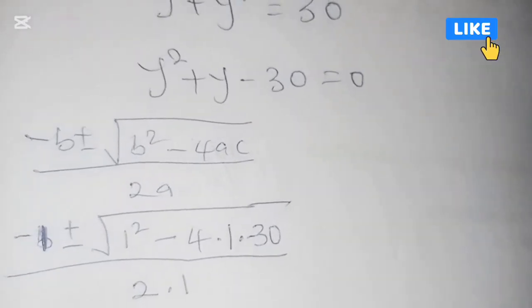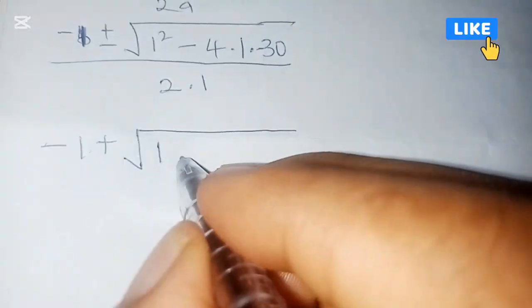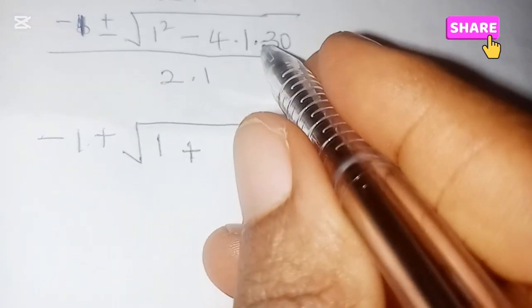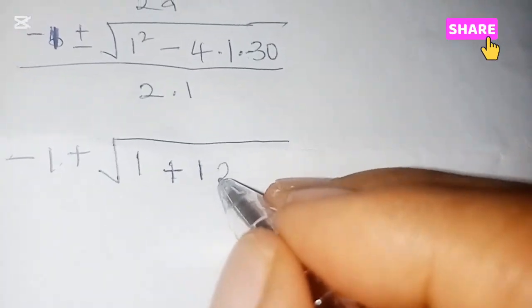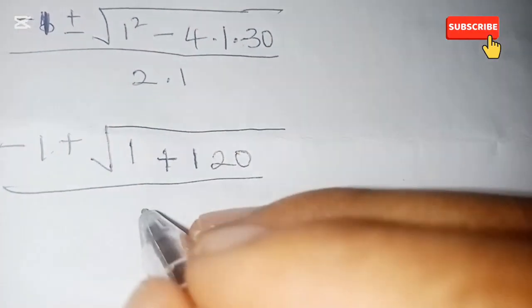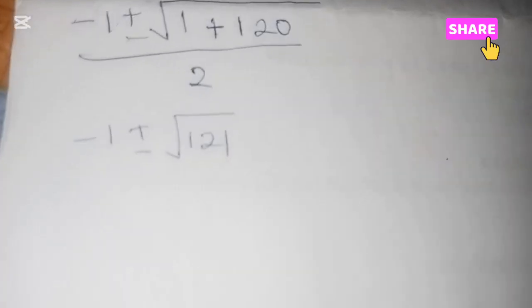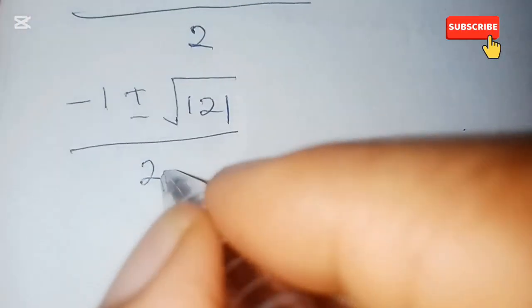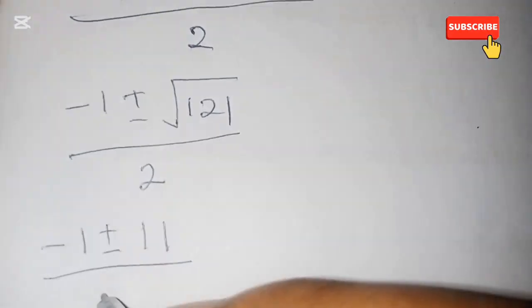This gives us minus 1 plus or minus the square root of 1 plus 120, because of this minus here, and then when we multiply, it gives us 120, all over 2. This is minus 1 plus or minus the square root of 121 all over 2. This is minus 1 plus or minus 11 all over 2.